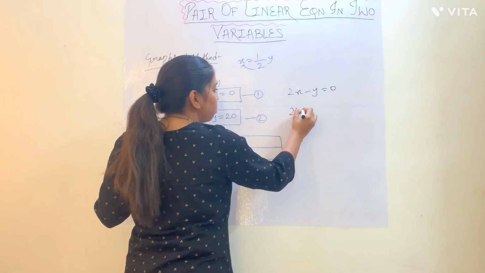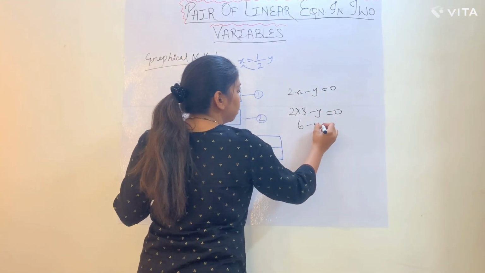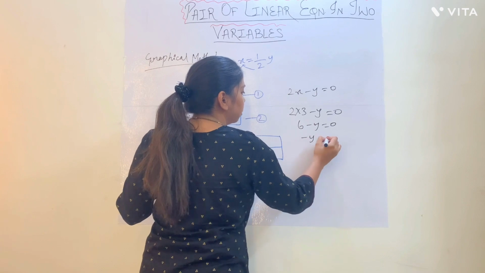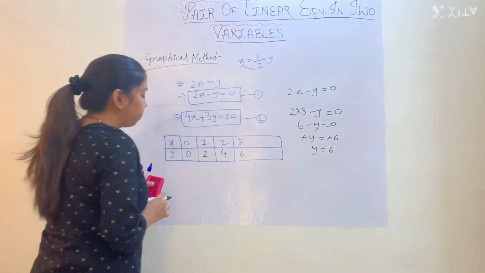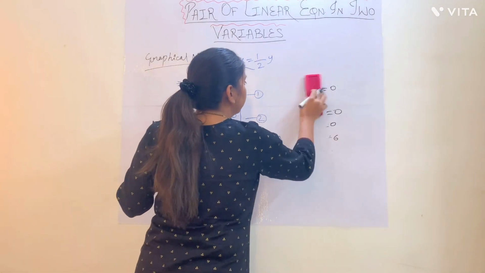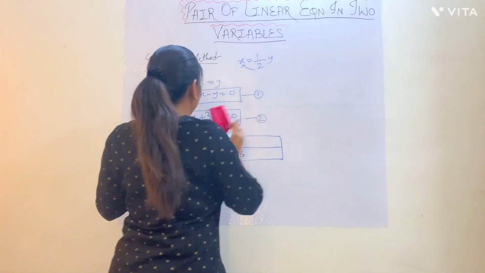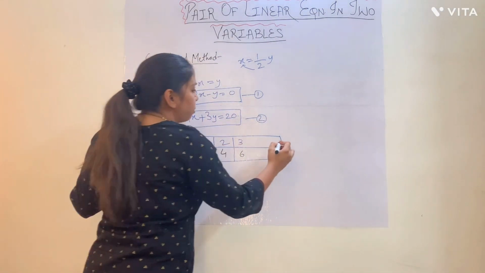At x equal to 3, the value of y is 6. These values are for the first equation.